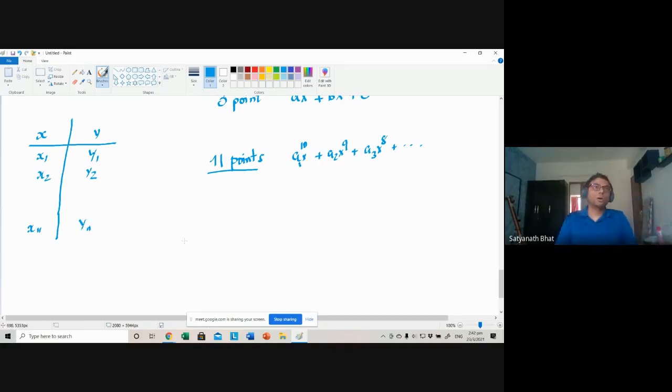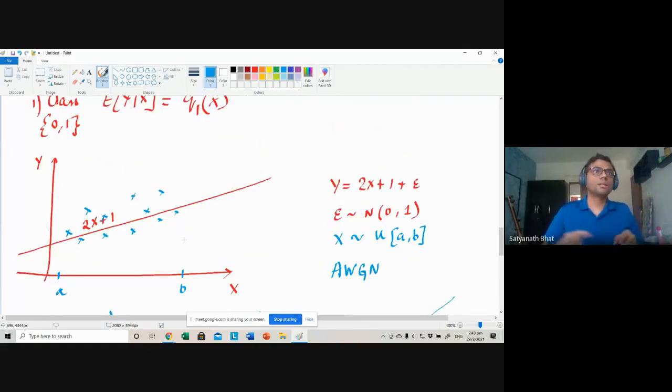Now what is the objective? I want to find a 10 degree polynomial so that I can fit all of this. Let me try to draw that. What I mean is, can I find a polynomial which can go through all these points like this?